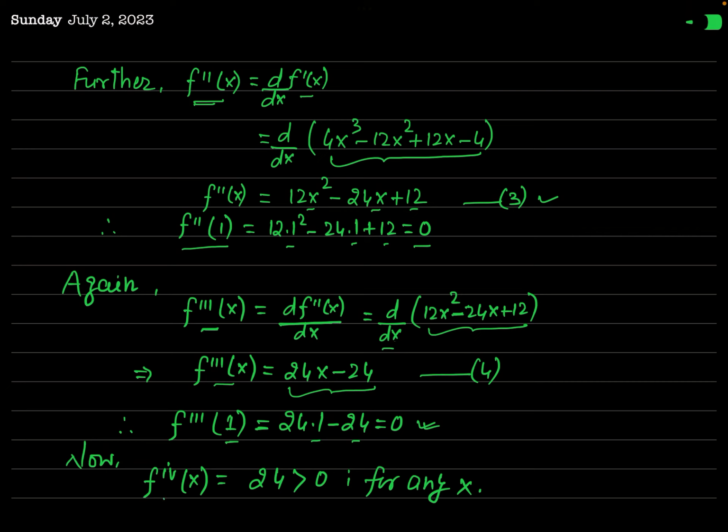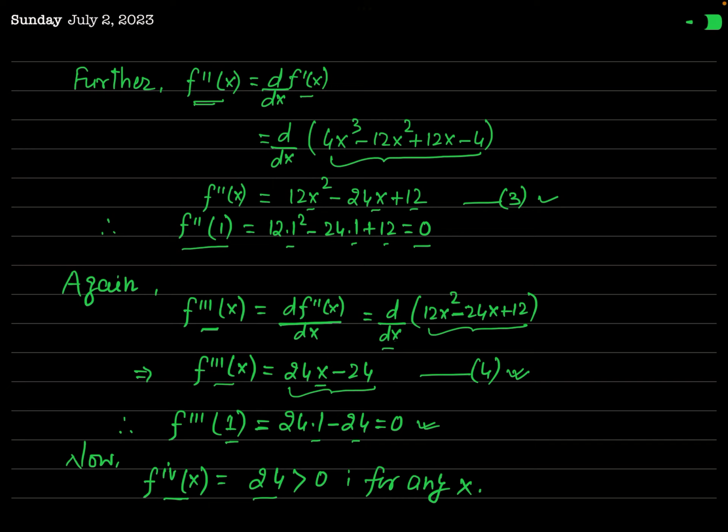Now we obtain the fourth order derivative of this function, and you can see the expression for the third order derivative. So when this f triple dash of x is differentiated with respect to x, we get the fourth order derivative. And what will that be? Since the derivative of x is 1, this will be simply 24.